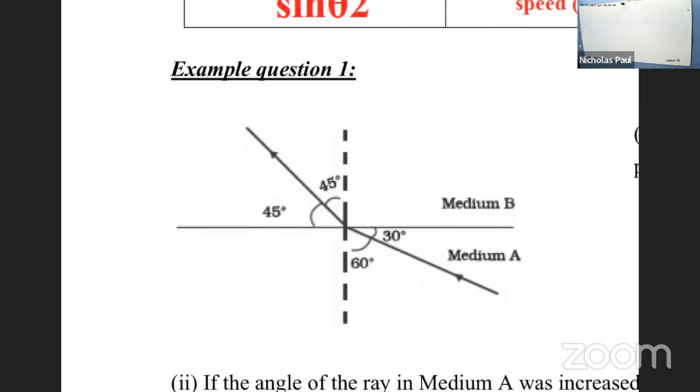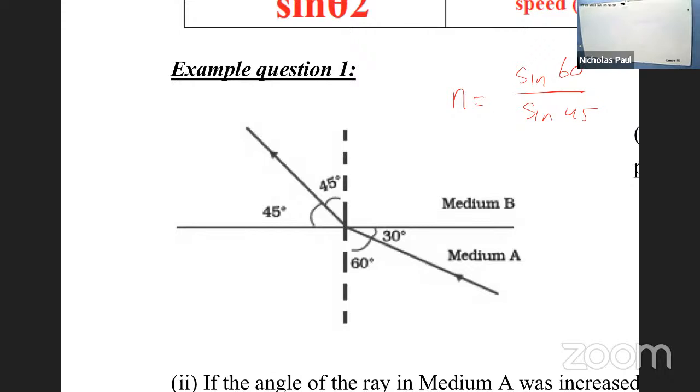Medium A to medium B. How much did you get? That'll be sine 60 over sine 45. How much did you get there? Any answers?